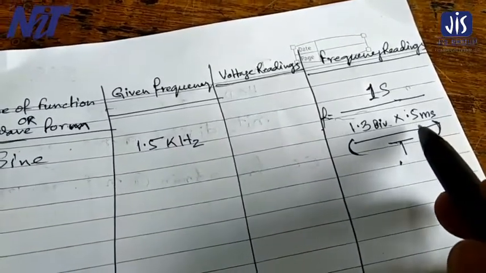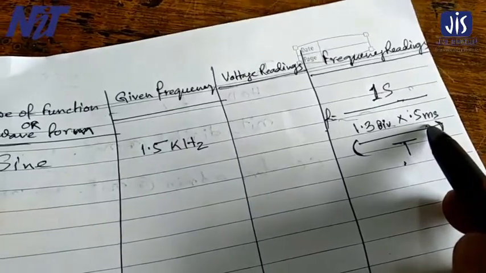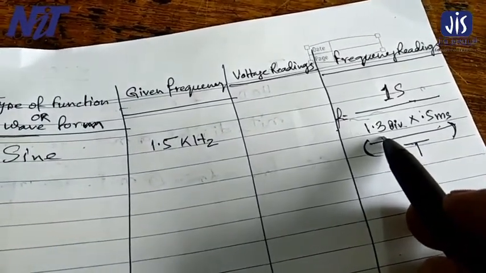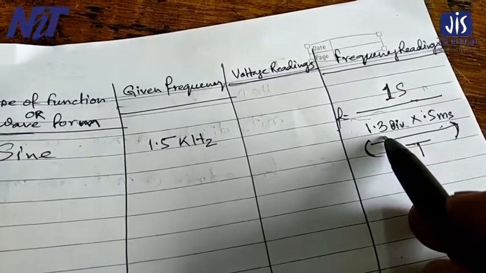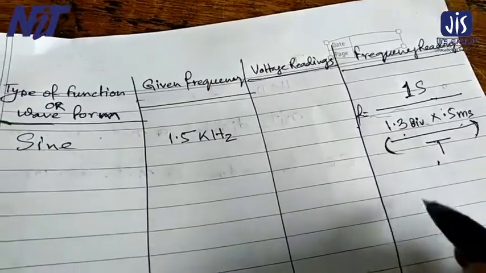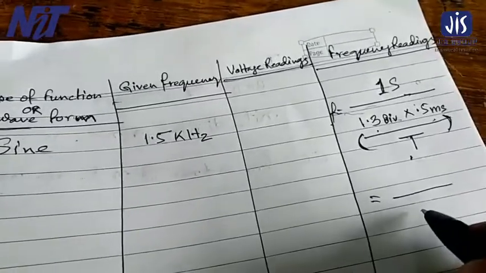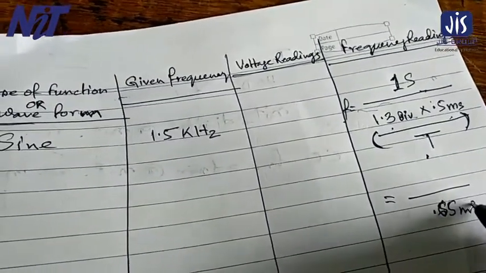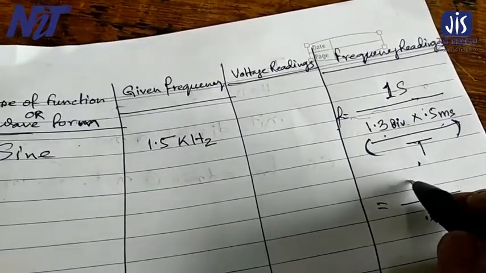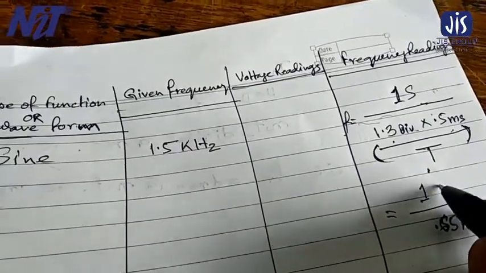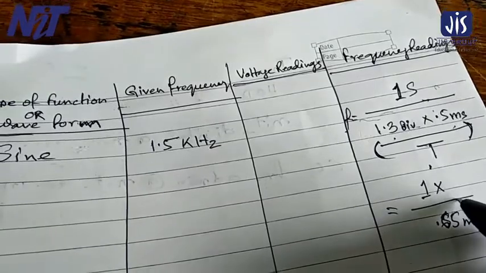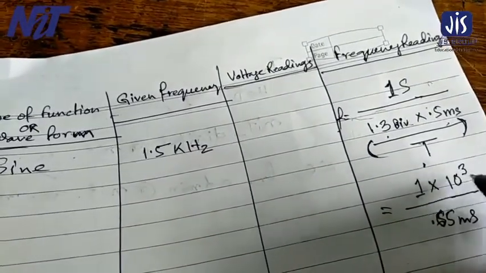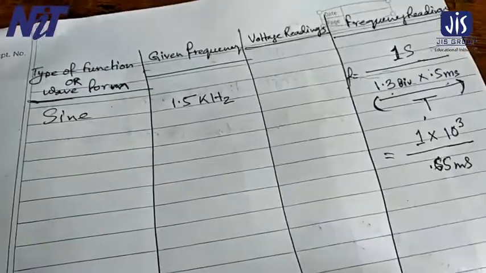So we already set our time base at 0.5 millisecond and our calculated peak difference is 1.3 divisions. So our time will be 0.65 ms. We also have to convert our second into millisecond by multiplying by 10 to the power 3.